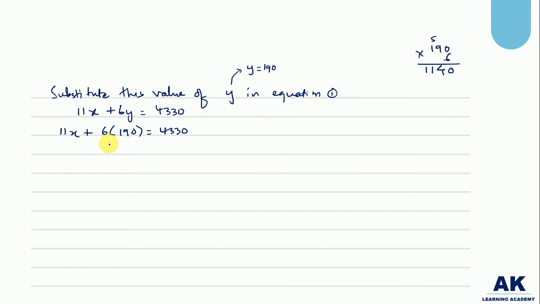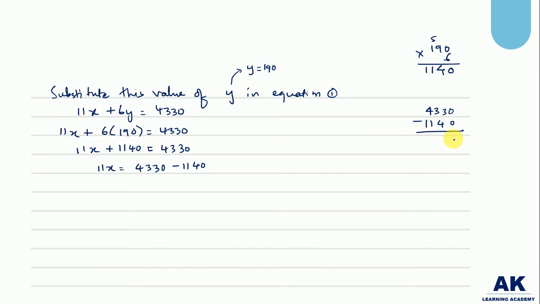Therefore 11x plus 1140 is equal to 4330. So 11x is equal to 4330 minus 1140.